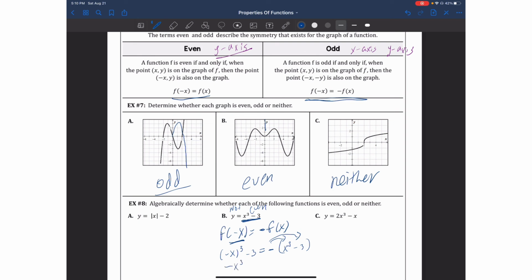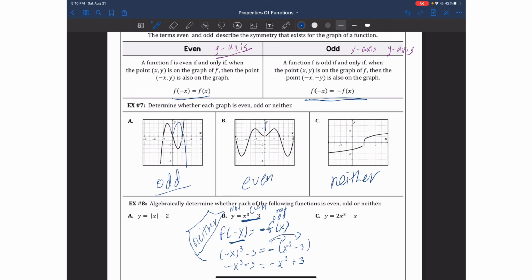I am going to keep my negative, equals, and then when I distribute, I get negative x cubed plus 3. So as you can see, they are different. So it's also not odd. So my answer would be neither. Again, you have to kind of check both, unless you find the correct one right away, and then you don't have to worry about it.